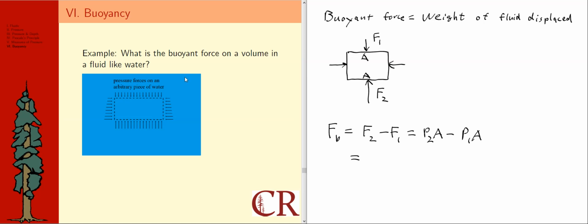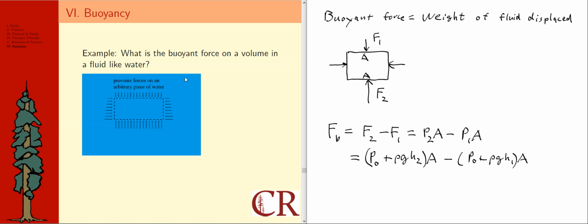Based on the formula for pressure as a function of depth in water, there would be atmospheric pressure plus rho g h, as we said. So for P2, there'd be P naught plus rho g h2, multiplied by the area, minus the quantity P naught plus rho g h1 times that area.